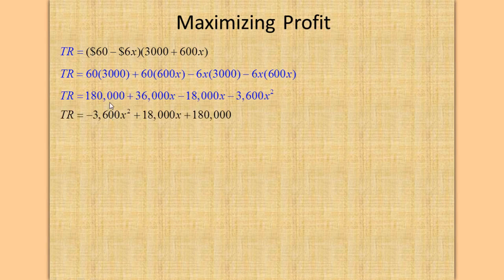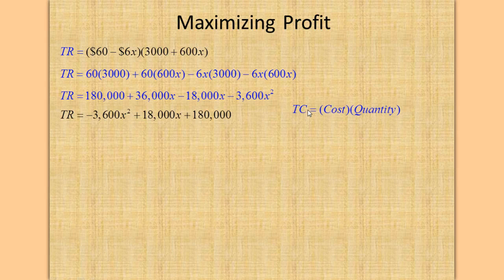If we do that multiplication, we come up with 180,000 plus 36,000x minus 18,000x minus 3,600x squared. So our total revenue is minus 3,600x squared plus 18,000x plus 180,000, which is our constant.